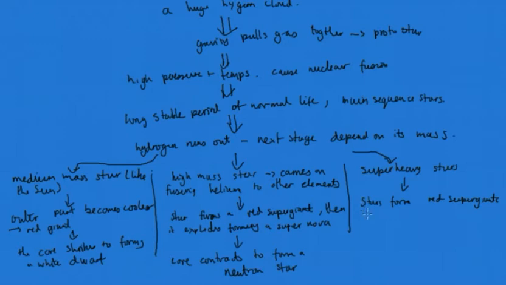They form red supergiants, then they explode, forming a supernova. But because of the mass of these stars, the core contracts to form a black hole. Just better note here that the huge hydrogen cloud, this is the nebula.